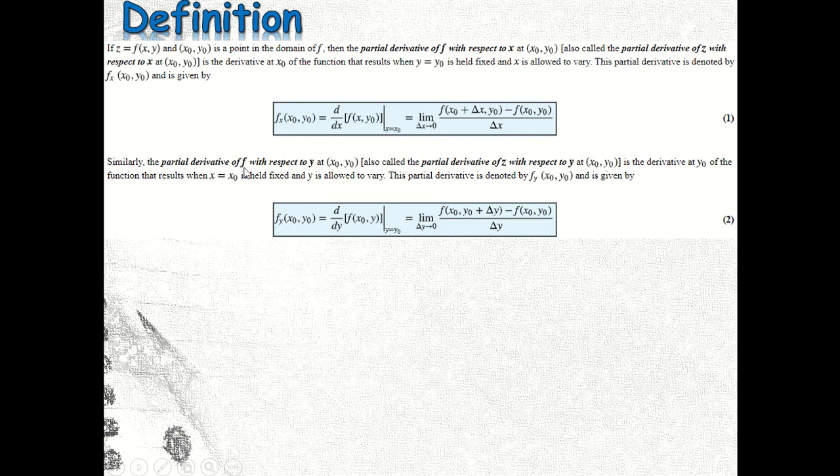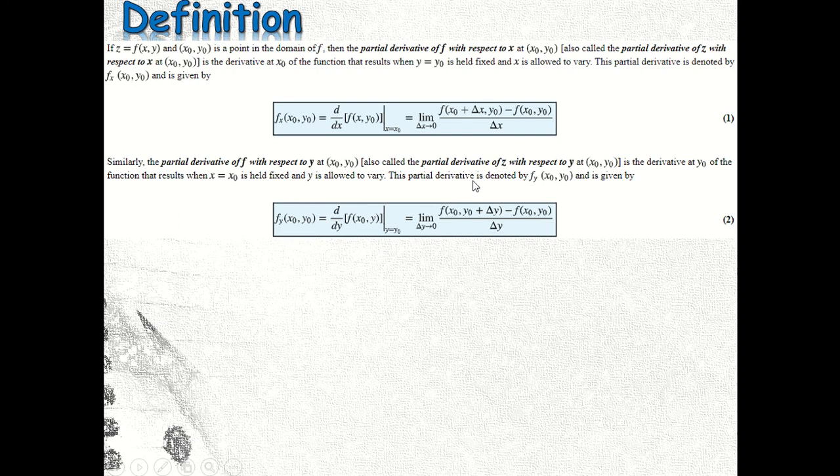Similarly, the partial derivative of f with respect to y at this point with coordinates (x sub 0, y sub 0), also called the partial derivative of z with respect to y at this point, is the derivative at y sub 0 of the function that results when x is held constant or fixed, that is equal to x sub 0, and y is allowed to vary.